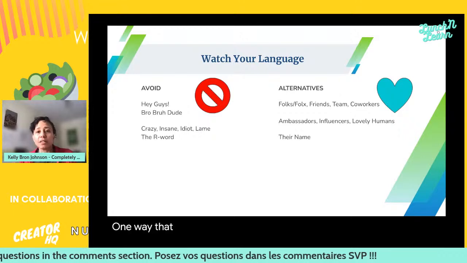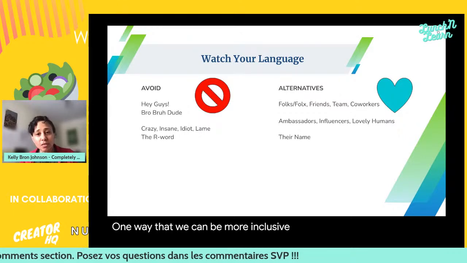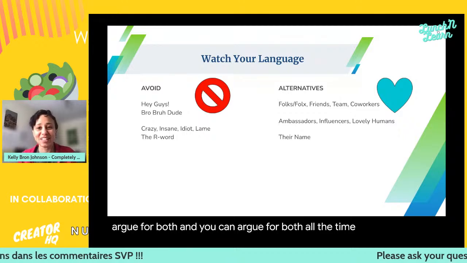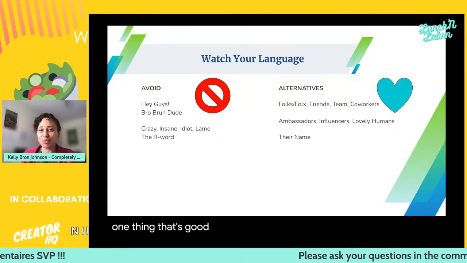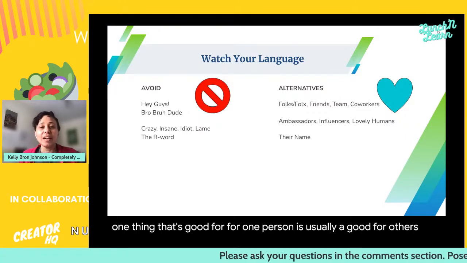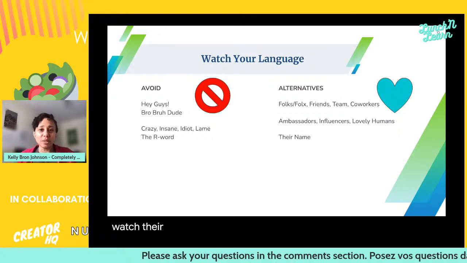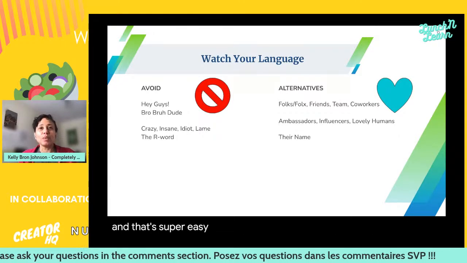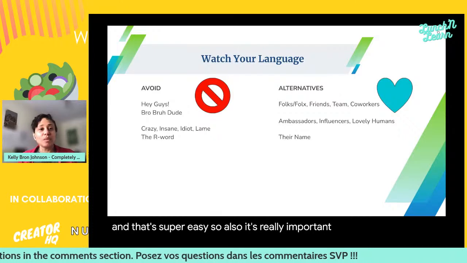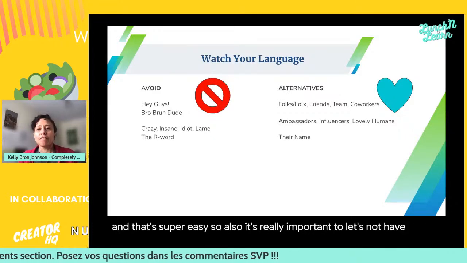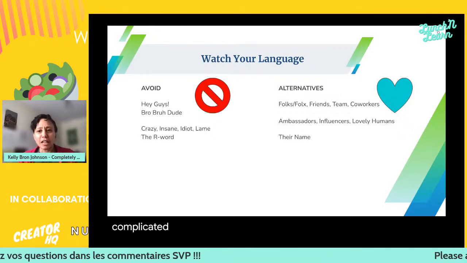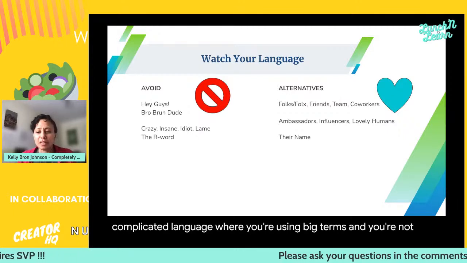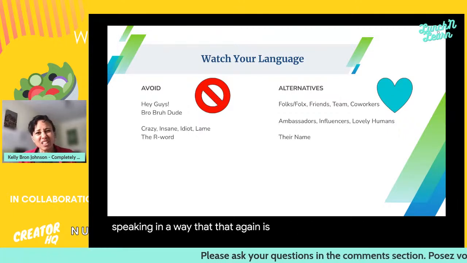So one way that we can be more inclusive and accessible, I'm going to argue for both all the time because, like I said, one thing that's good for one person is usually good for others, is to watch their language. You can watch your language in your marketing, and that's super easy. Let's not have very complicated language where you're using big terms and you're not speaking in a way that is really accessible.